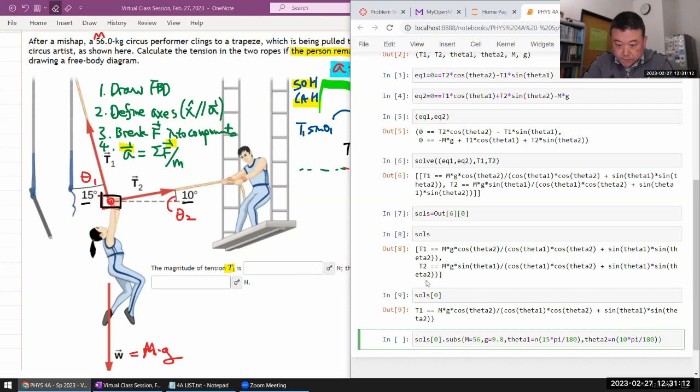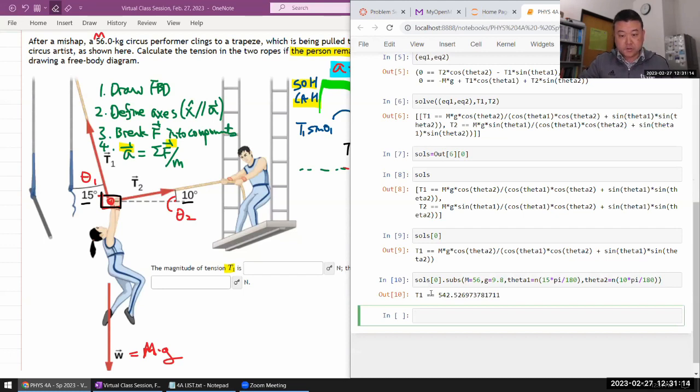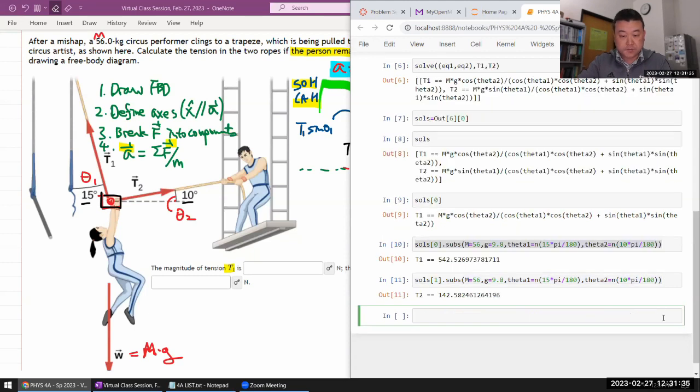Let's see if it gives me a numerical value: 542.5. And let me do the same thing for, let me copy and paste this. So this is not T1, it's the second element, which is T2. And I already have all the parameter values here, so just shift enter.